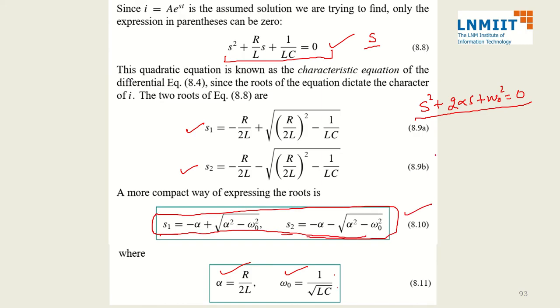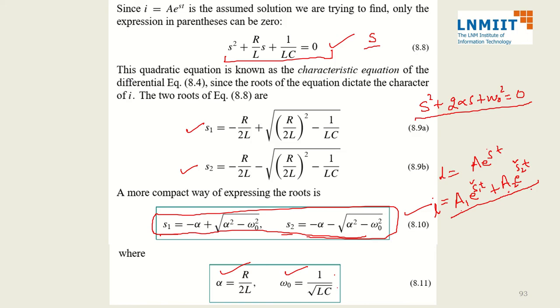Now I assumed that my current is A e raised to power st and S has two values. That means my total solution is A1 e raised to power S1t plus A2 e raised to power S2t. I have the values of S1 and S2, but I don't know what A1 and A2 are. Our next step will focus on that.